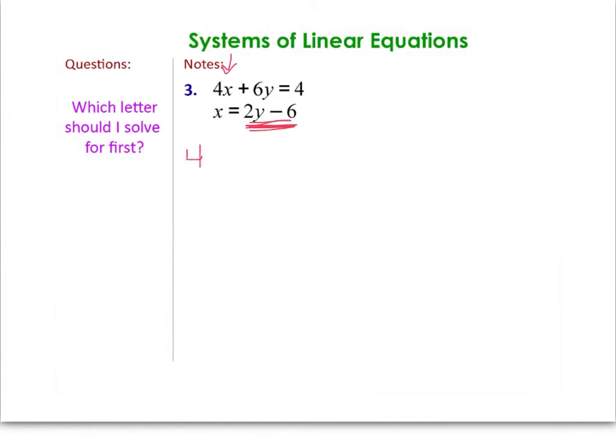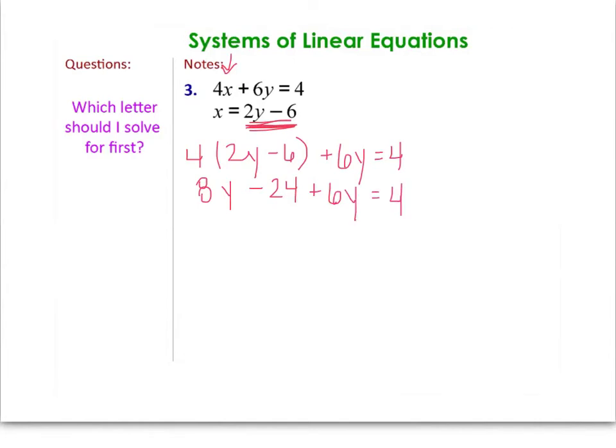So I have 4 times x, well, x is 2y minus 6, plus 6y equals 4. Distribute the 4, I get 8y minus 24 plus 6y equals 4. Combine my like terms.